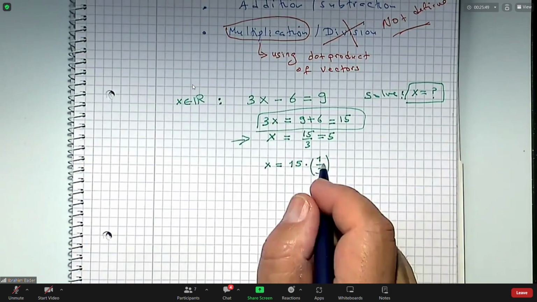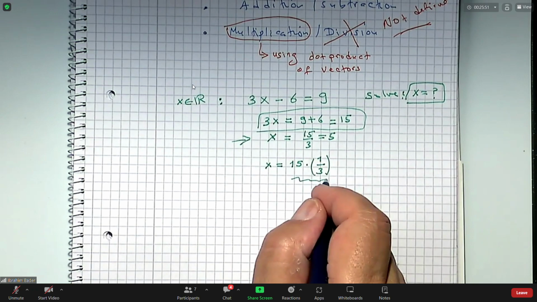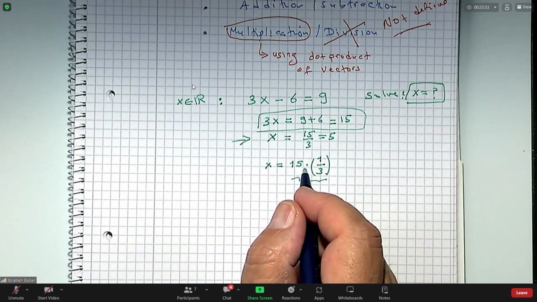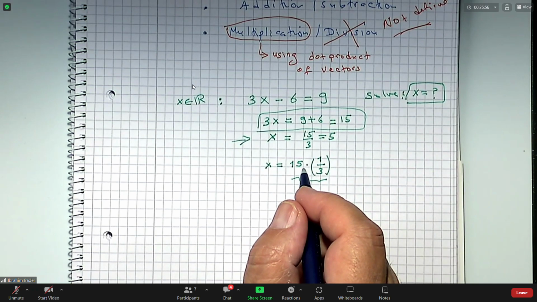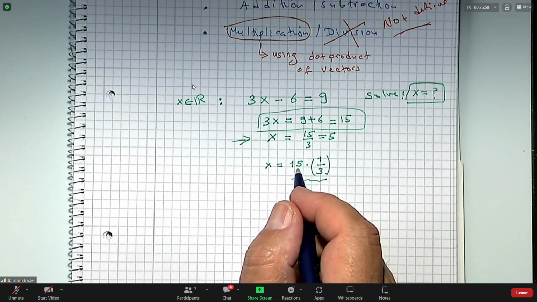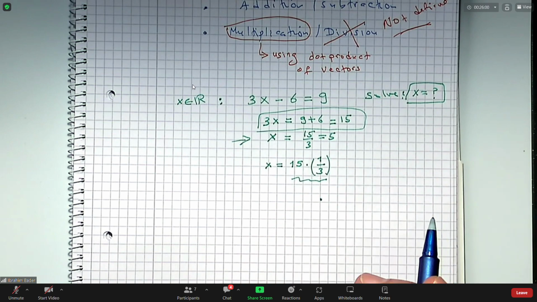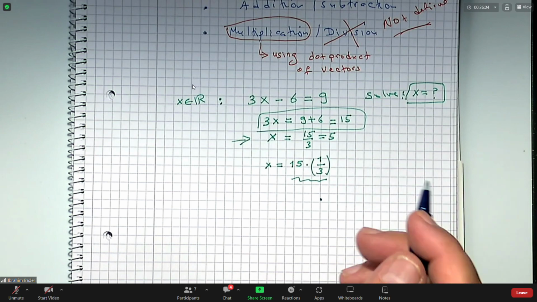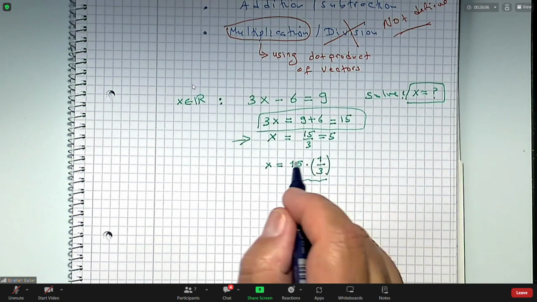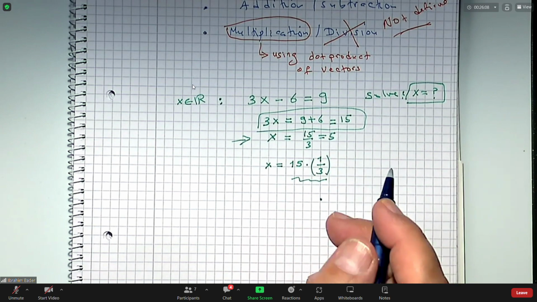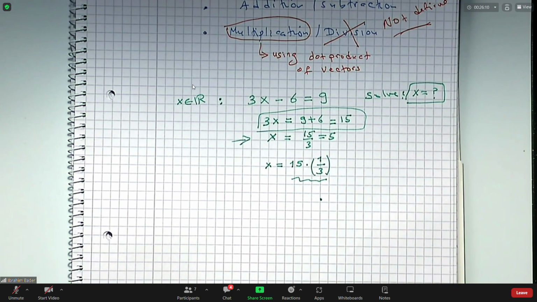This is the trick we are going to use to solve equations involving matrices. Since we don't have division, no problem. We multiply by the inverse to get the identity. This is how we proceed.